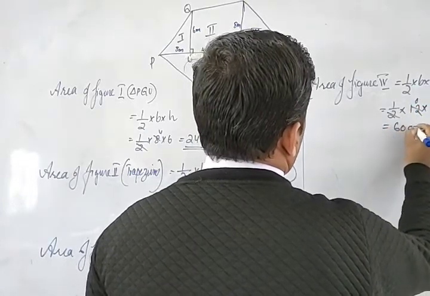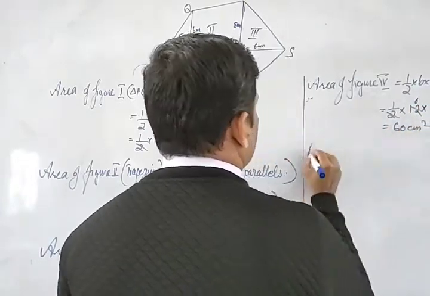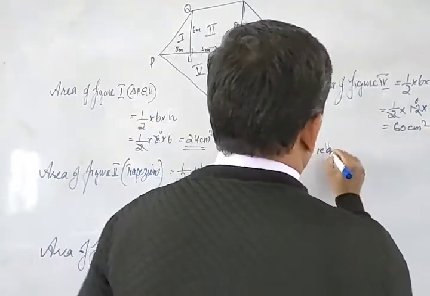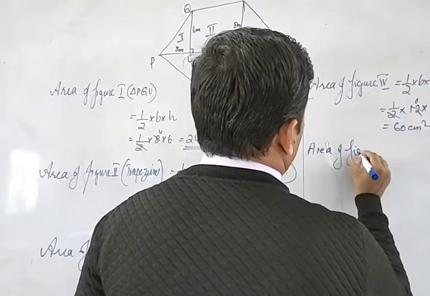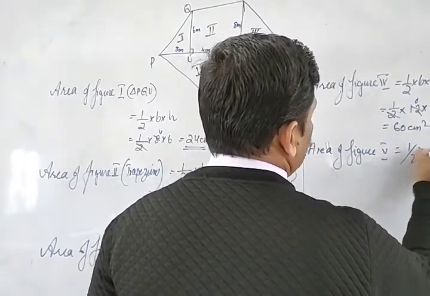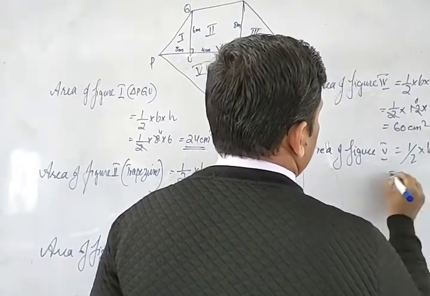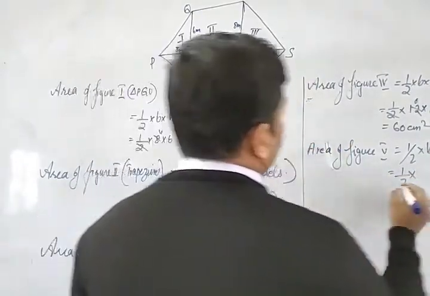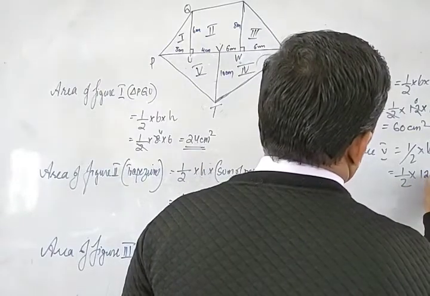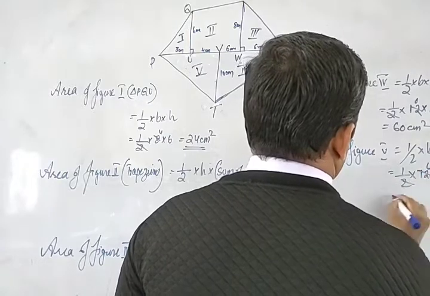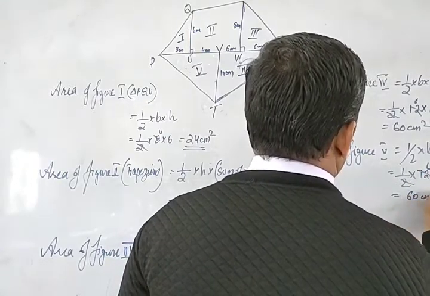That's also 60 centimeters square. Then figure 5, that's also a triangle, half into base into height. That means half into base is equal to 10 and height is equal to 12 centimeter. 12 centimeter into 10 centimeter, and here also that is 60 cm square.